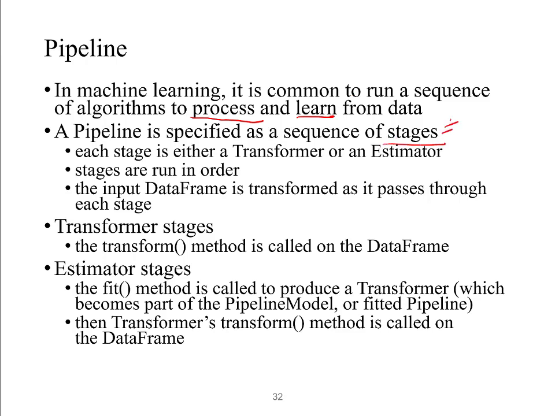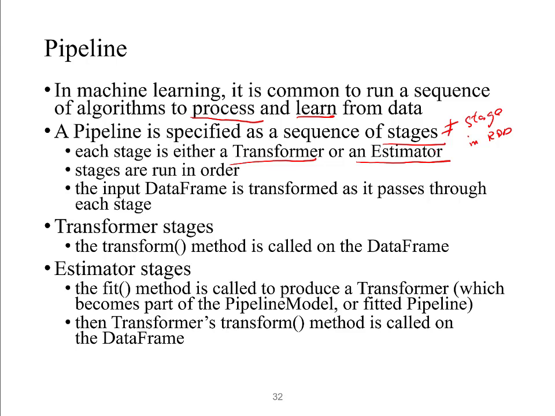This stage is not the stage in RDD that some of you have struggled with in the assignment. They are different concepts that just happen to have the same name. Each stage in a pipeline is either a transformer or an estimator.